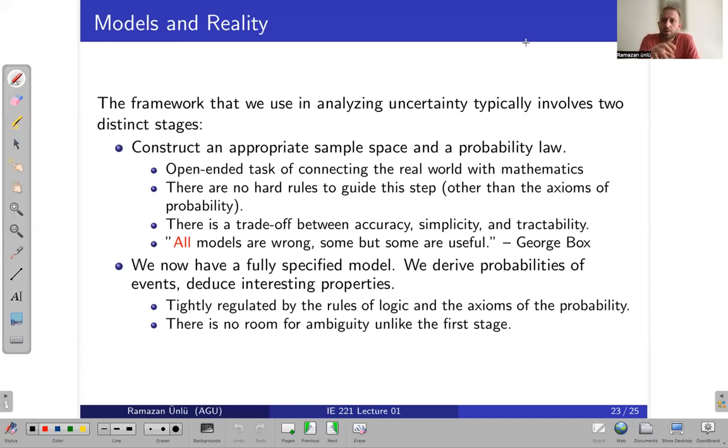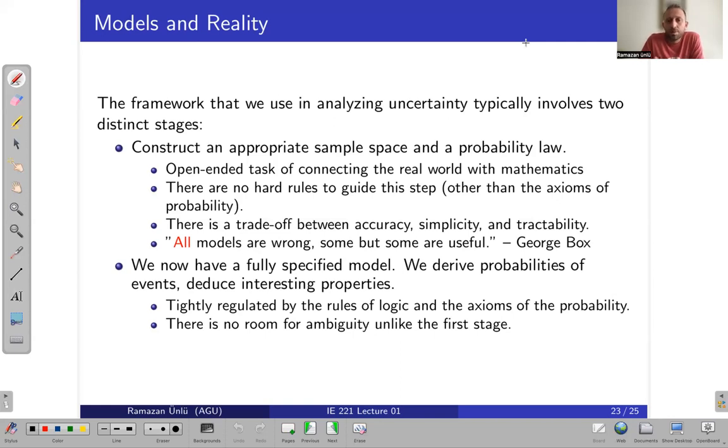our sample space needs to conform to the axioms of probability. Sometimes one may choose a simple model, even if it's not the correct one, but maybe it's more accurate or more tractable.